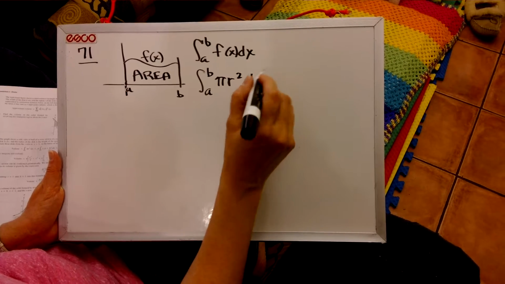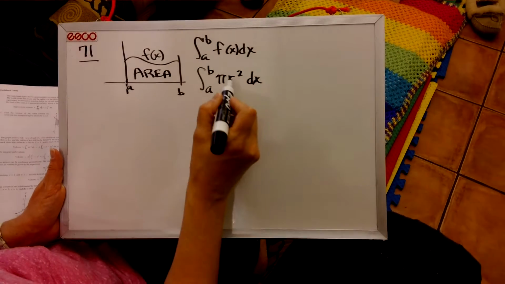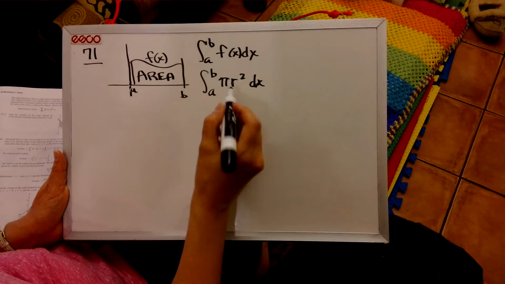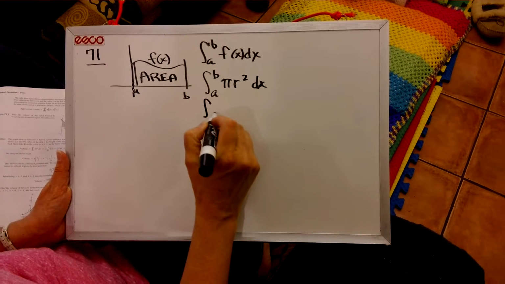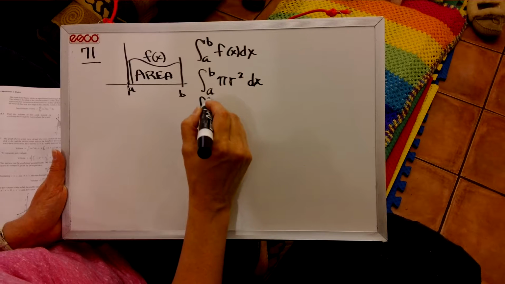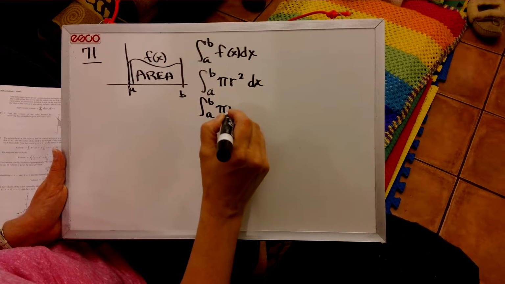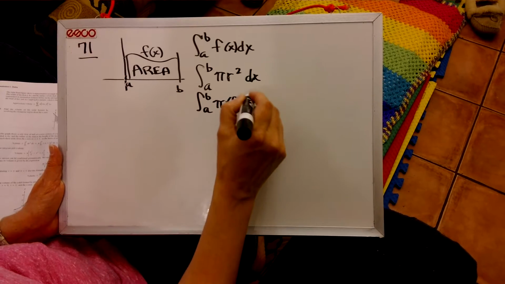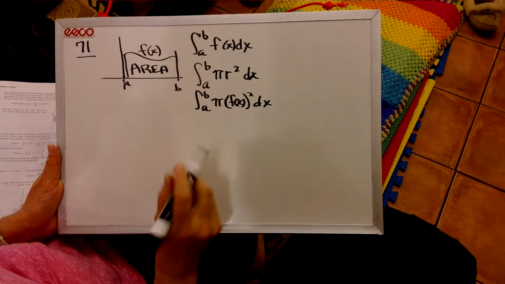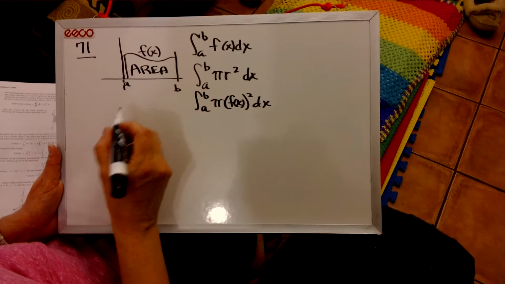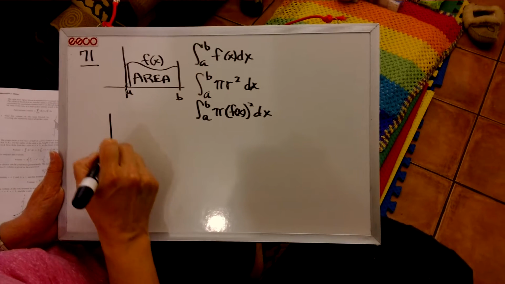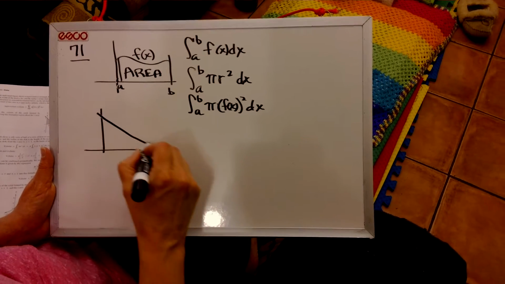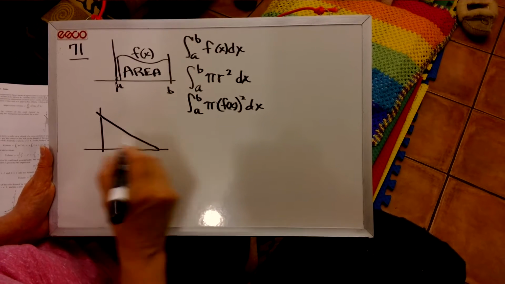Well, we don't need dx yet, but because the radius of our disc is going to be our f of x, we can rewrite it as the integral from a to b of pi times f of x squared dx.